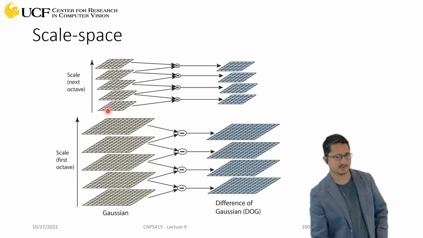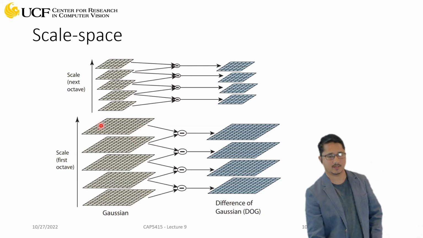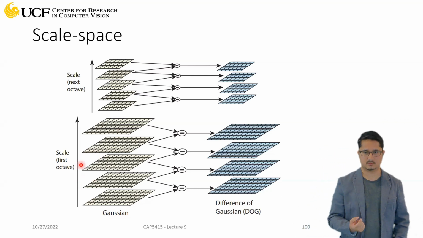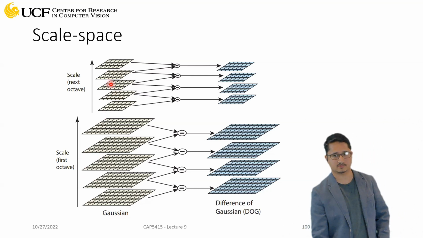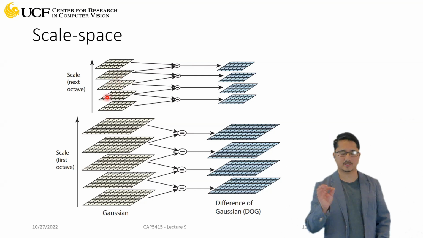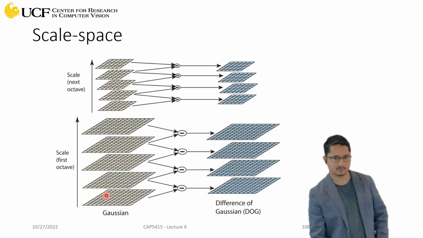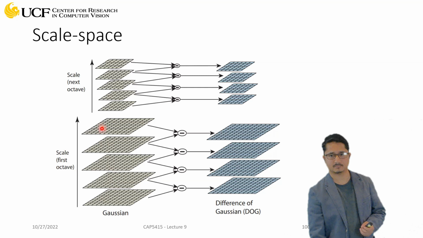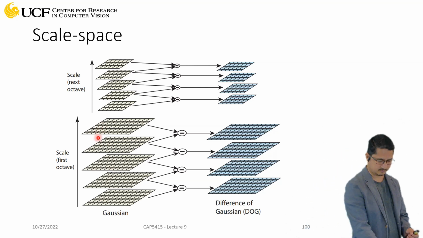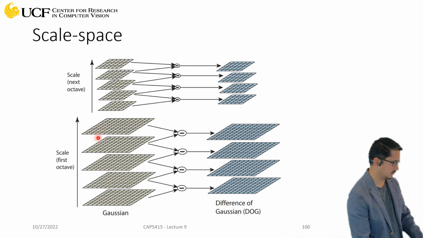So the octave just represents one scale of your image, and within this one scale you have different values of K, and you do that for all the octaves. K is not tied to the octave; K is tied to each layer in the octave. The bottom one will have 1K as the Gaussian standard deviation, the second 2K, then 3K, 4K, and 5K. Is it clear now?